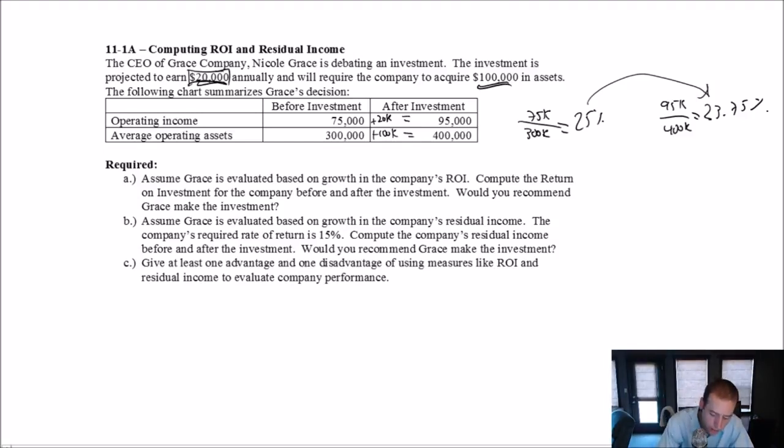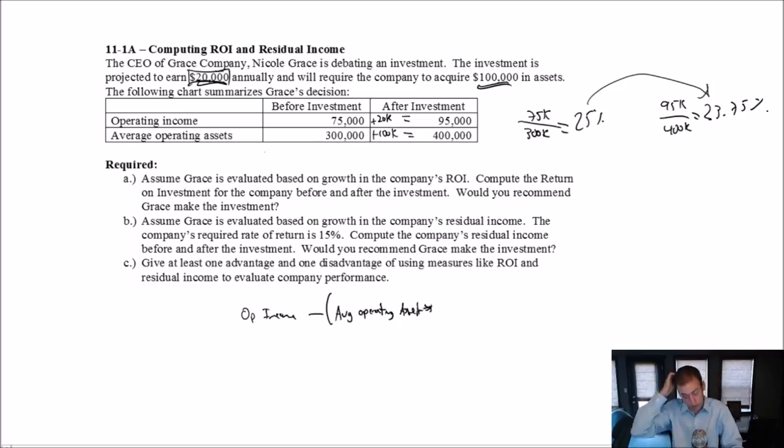Assume Grace is valued based on growth in the company's residual income. The company's required rate of return is 15%. Compute the company's residual income. Remember how this one works. We take the operating income minus, in brackets, average operating assets times the required rate of return.